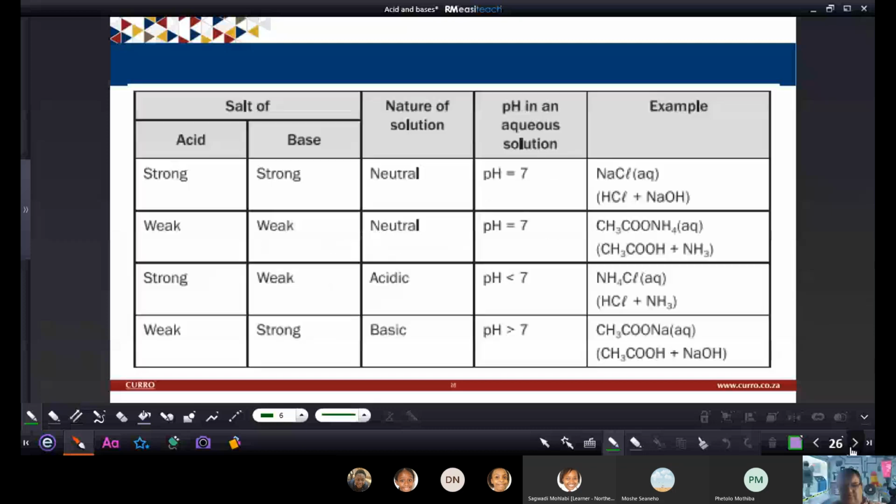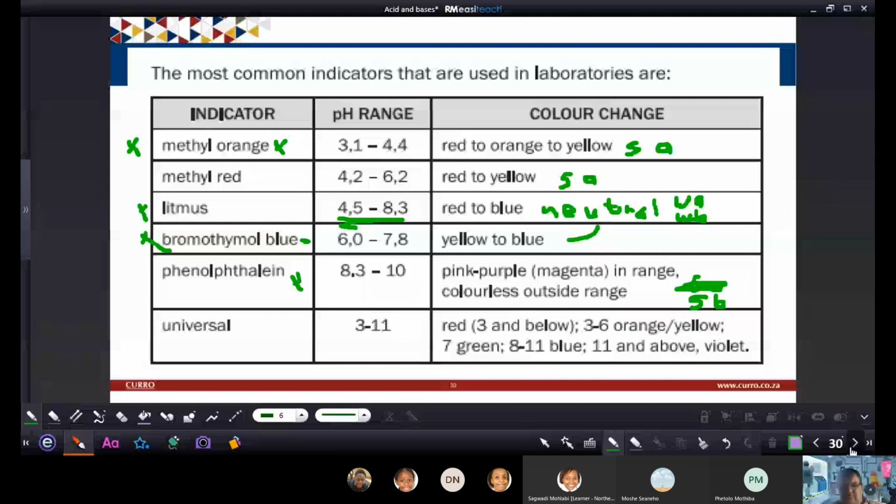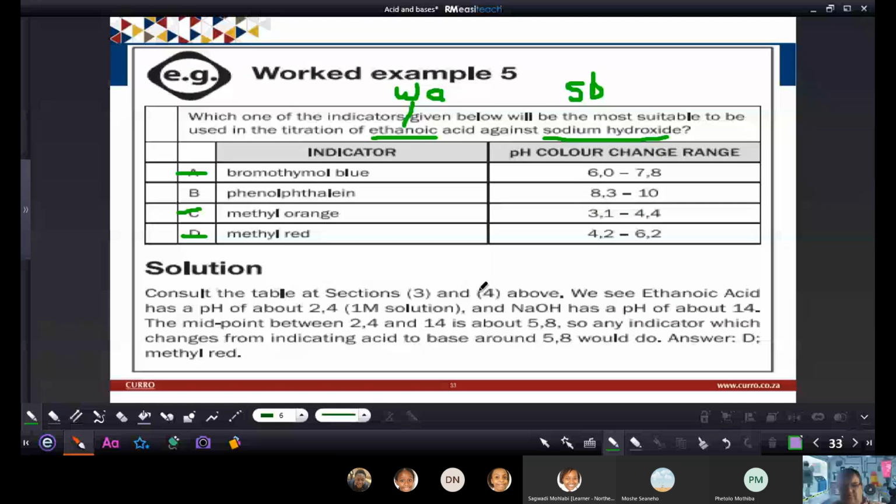Okay. So if you look here, our answer must be, we have a weak acid and a strong base. So it means we must be on the upper end of our solution. So they say here, ethanoic acid has a pH of 2.4, NaOH has a pH of 14, the midpoint between the two is 5.8, and that is where we get the methyl red.